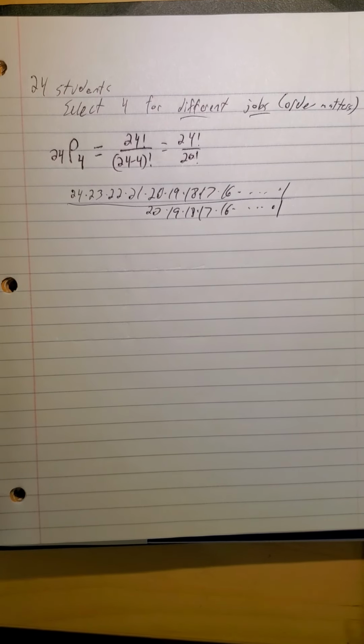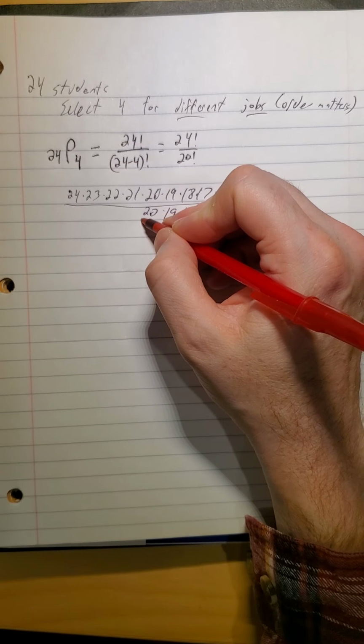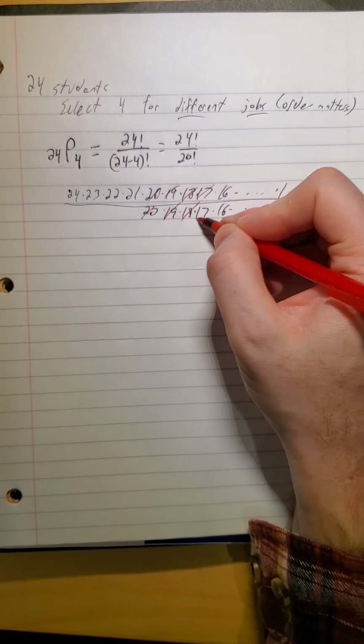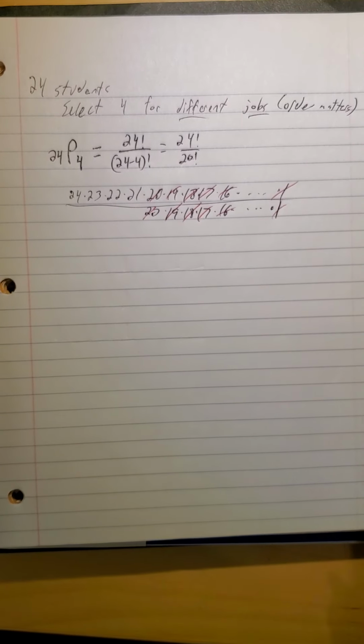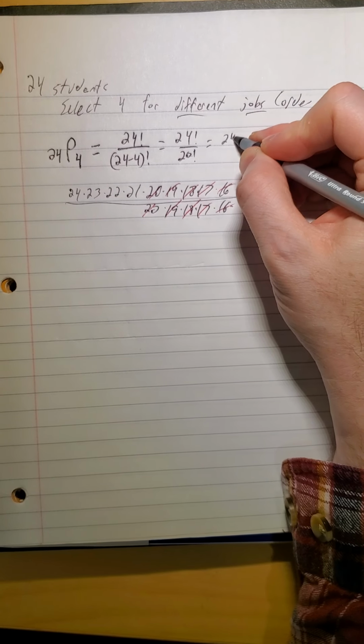Hopefully you notice that since this is all multiplication at the top and all multiplication at the bottom, 20 over 20 is 1, 19 over 19 is 1, 18 over 18 is 1, and all of these are going to cancel out.